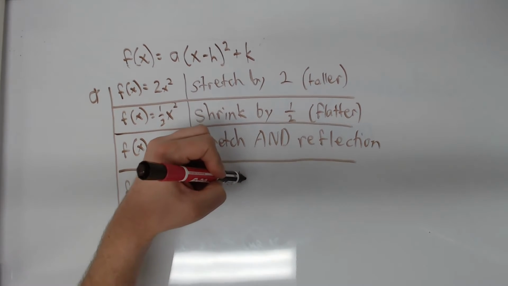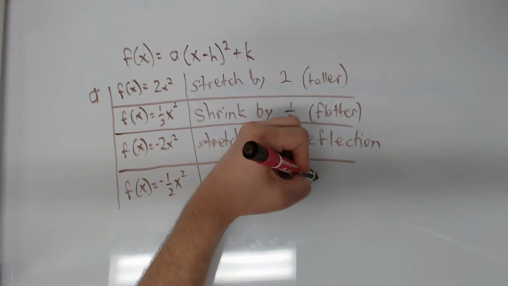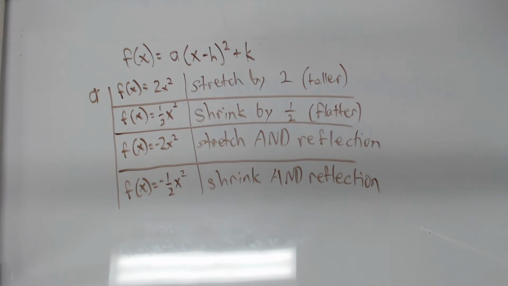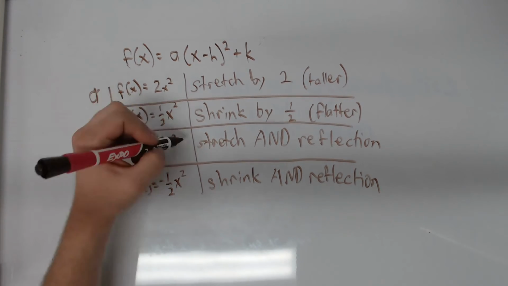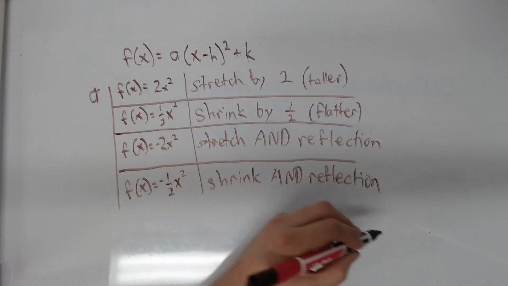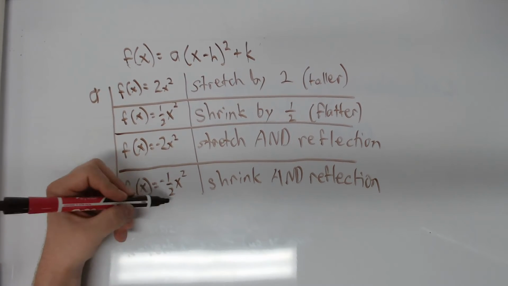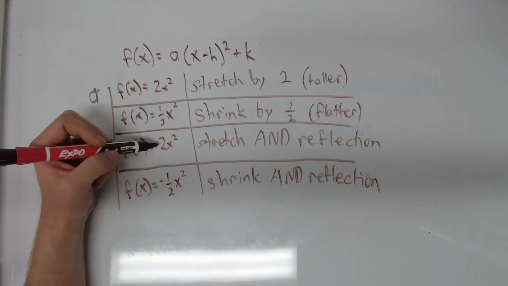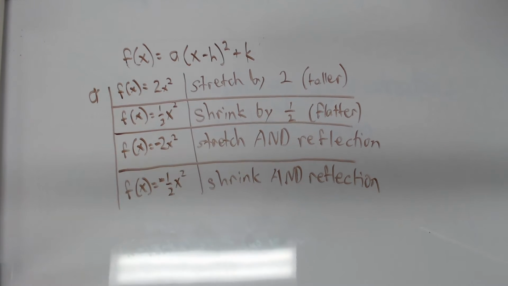This is a shrink and reflection. So those are all the options for the a value. You can do these four things: stretch, shrink, stretch and reflection, shrink and reflection. Shrink happens when you have a fraction multiplied. Stretch happens when you have a number bigger than 1. Reflection happens when you have a negative. So those are all the situations for A.